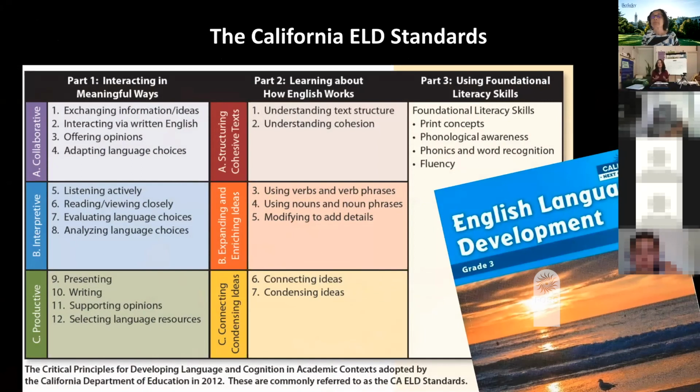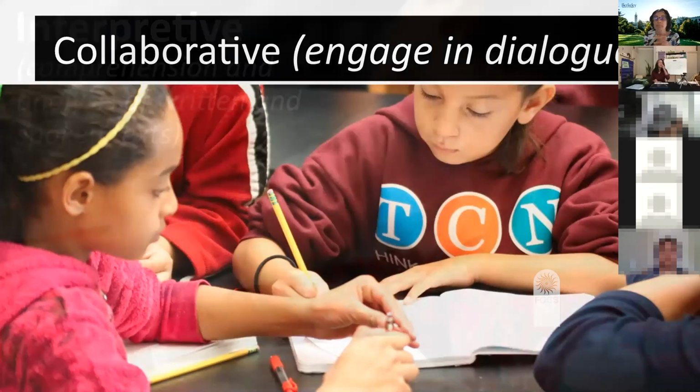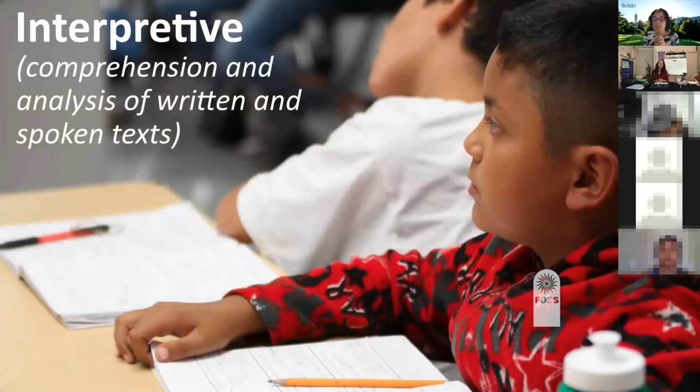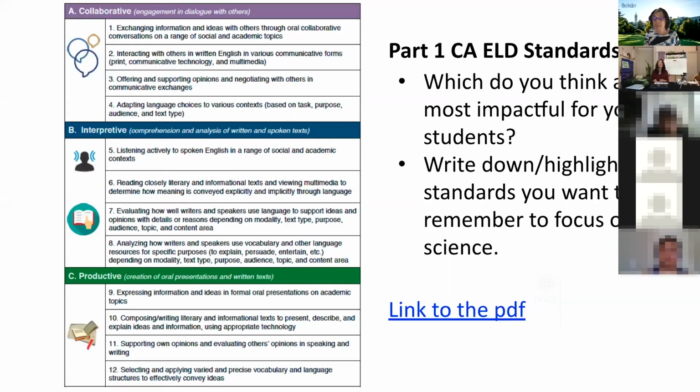All of these are supported by the ELD standards. And so we want to make sure that we're hitting each of those boxes. Making sure there's time for students to engage in dialogue, to read, to listen to one another, and then to communicate that understanding through writing and speaking.